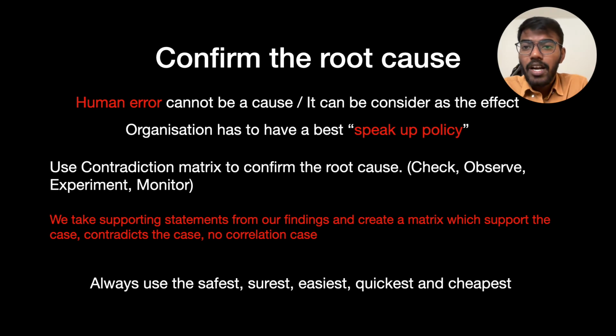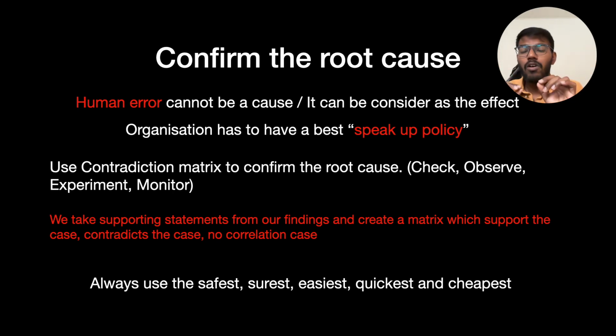Once we identify the potential causes, we validate them using the contradiction matrix. We can verify all the root causes with the tools we showed before, but we need to validate, is it the right cause? The one important technique, same as is and is not, is something called contradiction. You bring all the root causes and make a matrix.